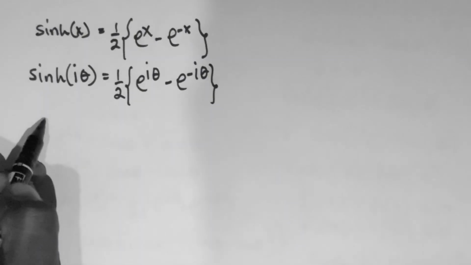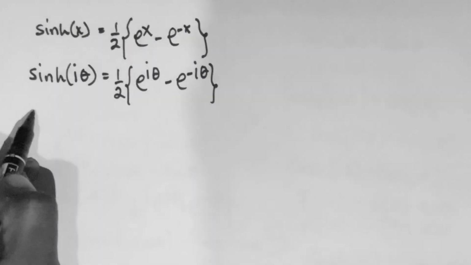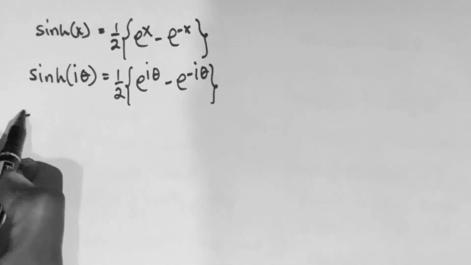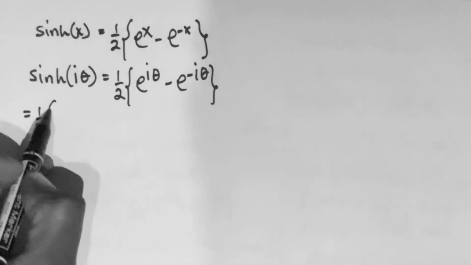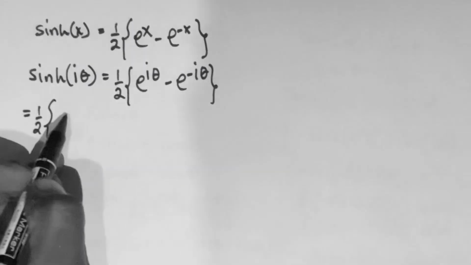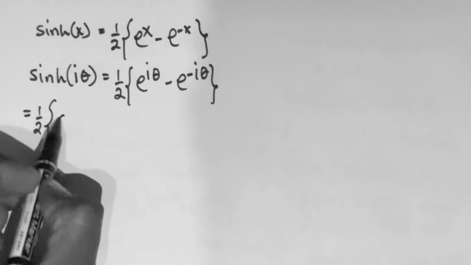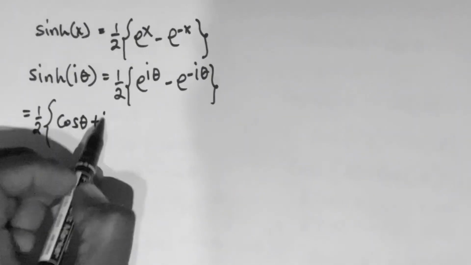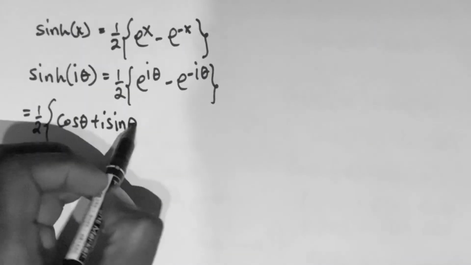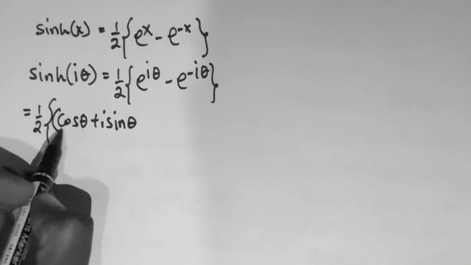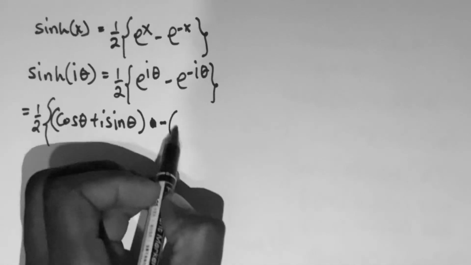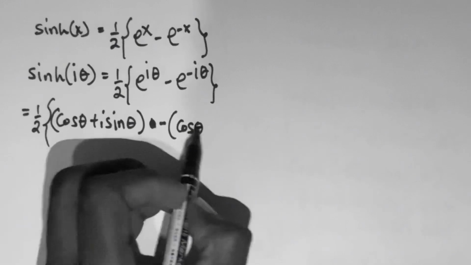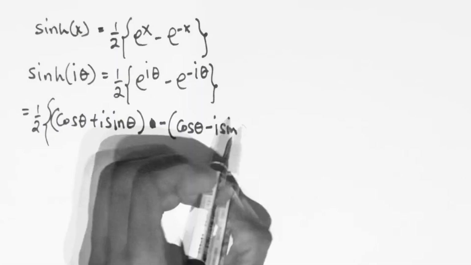But remember Euler's law. So this is equal to half into bracket exponent i theta, according to Euler's law, is cos theta plus i sine theta, and then minus into bracket cos theta minus i sine theta.